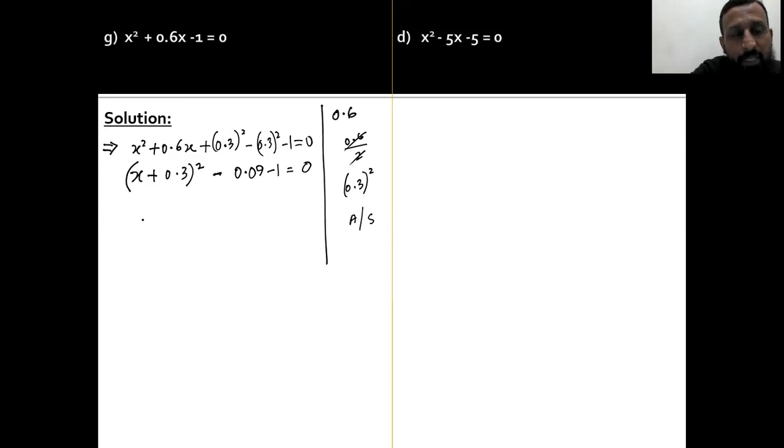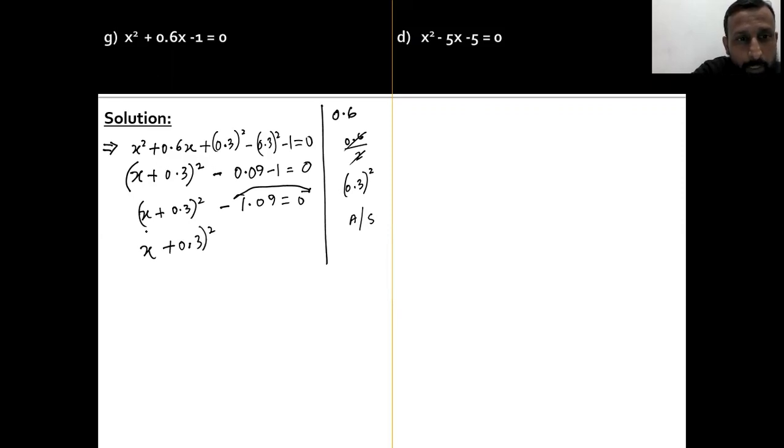Add up these two numbers with the negative sign, it becomes minus 1.09 equals 0. Shift it to the other side so that this minus becomes plus, so that you can apply the taking square root method on both sides. X plus 0.3 the whole square equals 1.09.